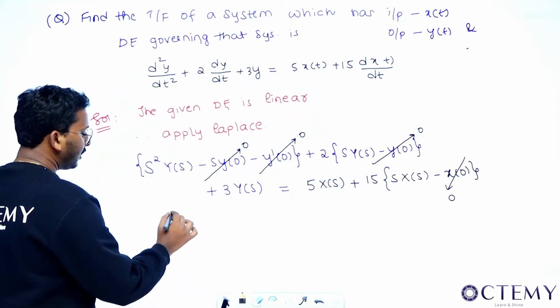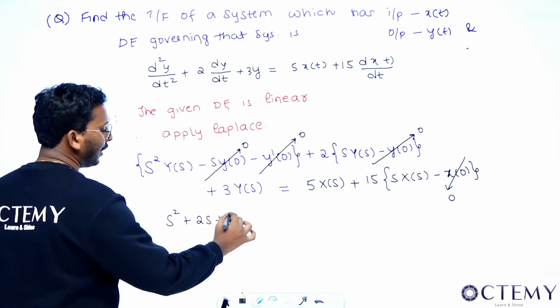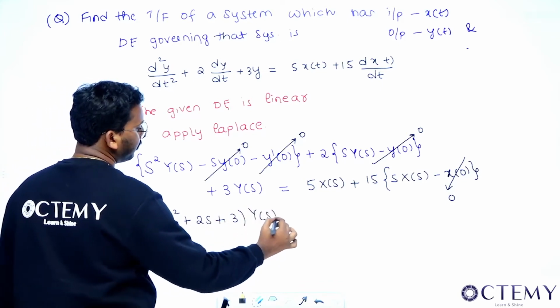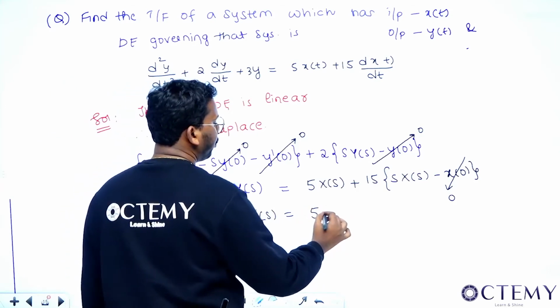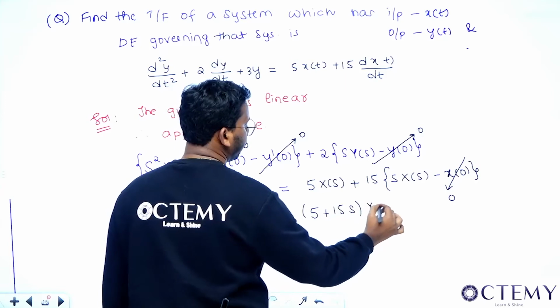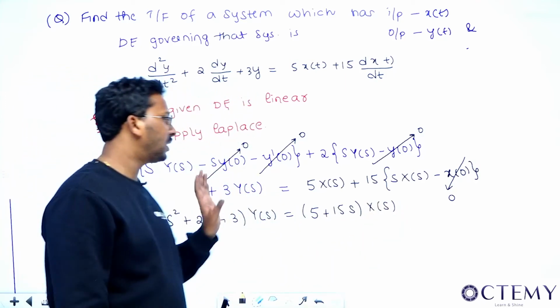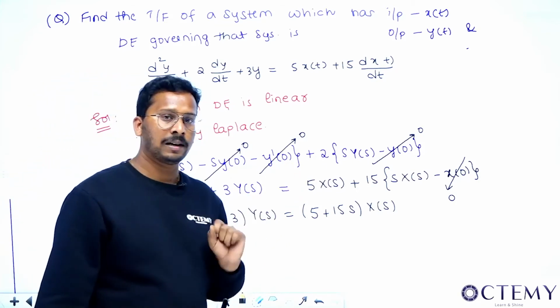It will become s square plus 2s plus 3 into y of s is equal to 5 plus 15s into x of s, right? But when we study the last chapter, that is state space analysis, we will also consider the output due to initial conditions, right?